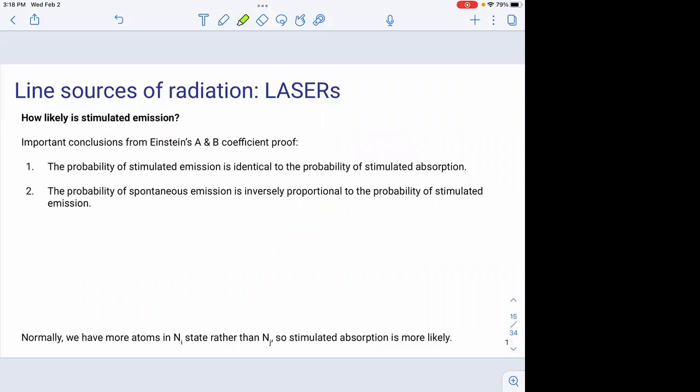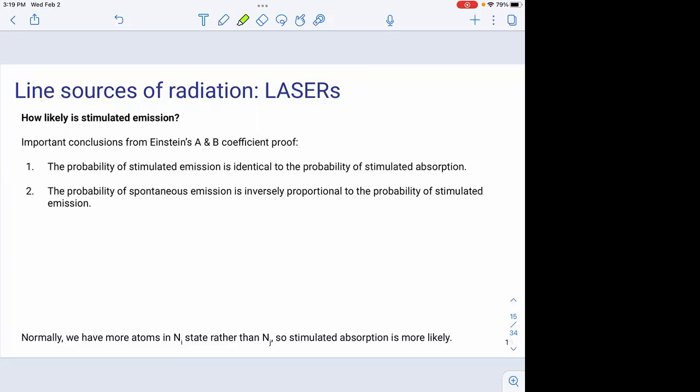All right, so what should be on your mind is, how likely is this to happen? Hopefully you can remember back to when you took your second semester quantum course, and think back to Einstein's A and B coefficient proofs. I'm sure we talked about this in physics as well. But the probability of stimulated emission is identical to the probability of stimulated absorption.